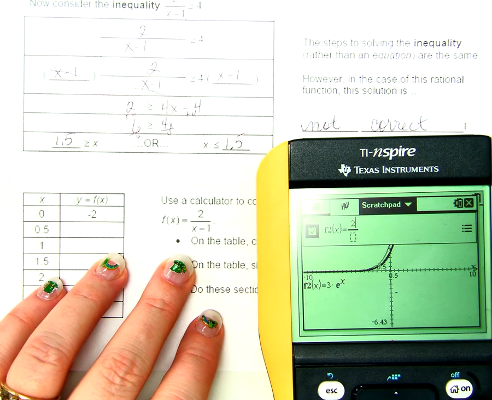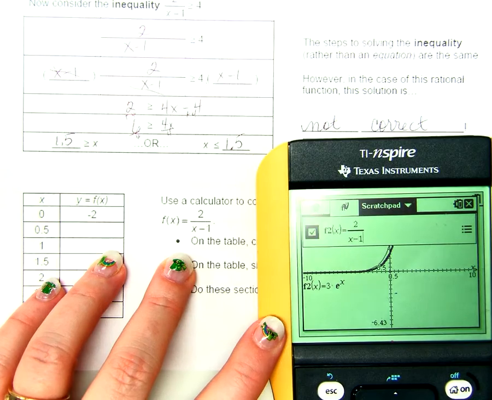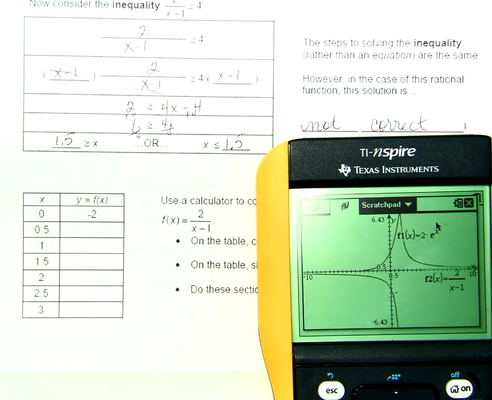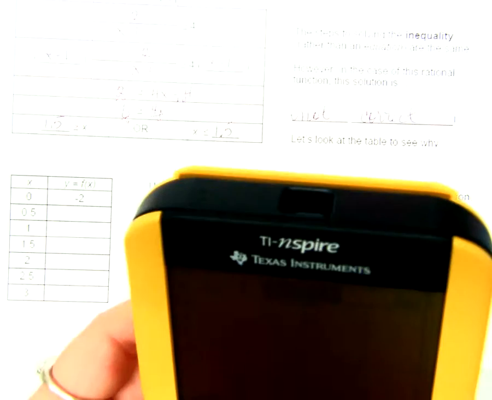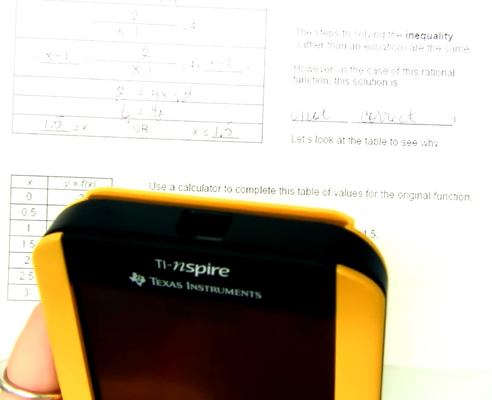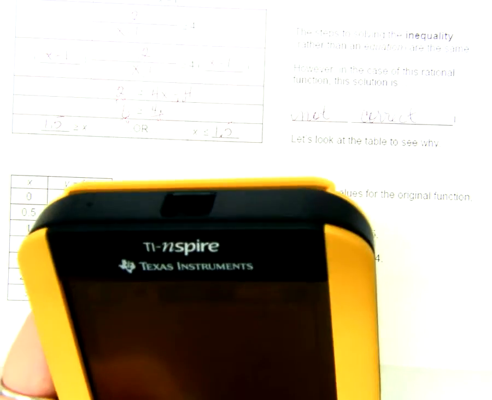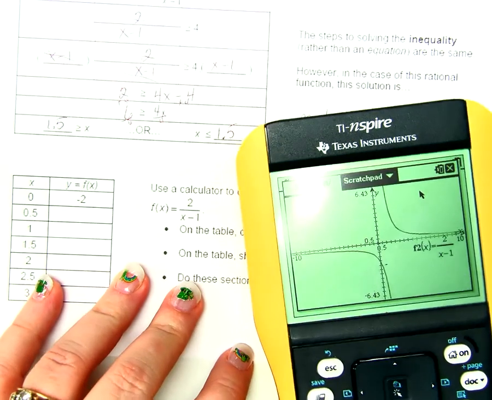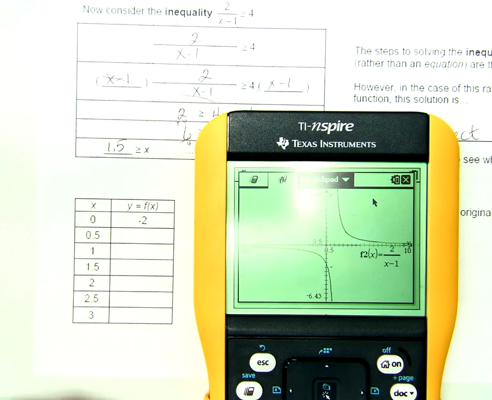And I have 2 over x minus 1. Well, I still have another equation in there. What's up with that? I don't like that. Okay, there, that's better. Now let's look at the table. Okay, so Control T.